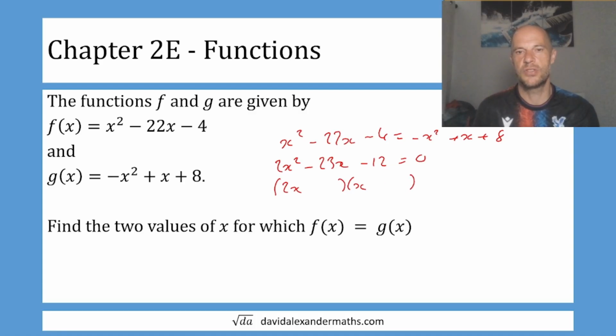And factors of 12 are 12 and 1, and I know that if I put the 12 here, that's going to be doubled to give me 24, and the 1 here will take that down to 23. Now if I want negative 23, that's going to be my minus 24 plus 1, minus 23. There we go. So 2x plus 1, x minus 12 is 0, so the two values are x is positive 12 and x is minus 1/2.